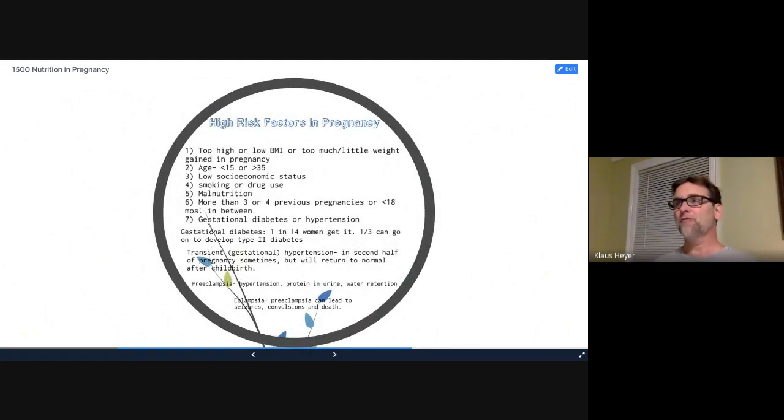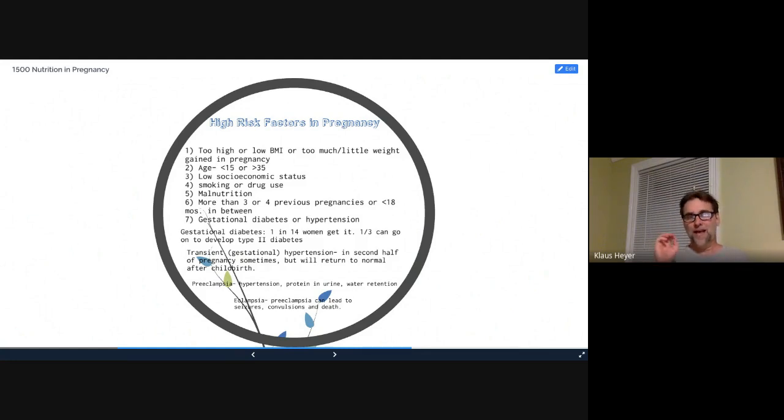And so, what are some high risk factors in pregnancy? Well, BMI. So being too heavy or too light. So having a BMI of over 26 or so and under around 18. It's essentially being too skinny or too fat. Age, being too young or too old.